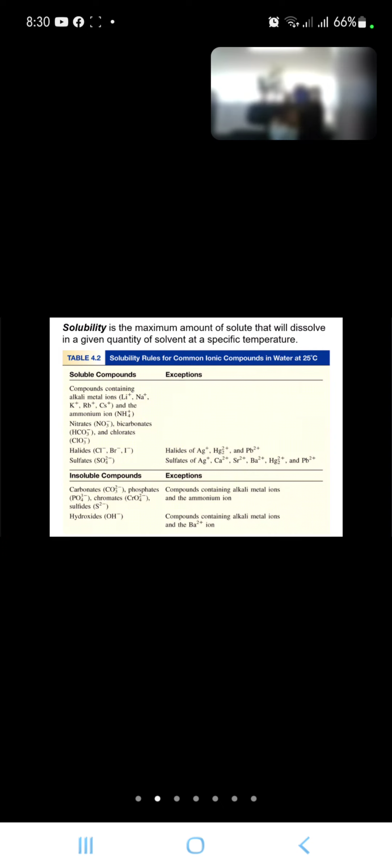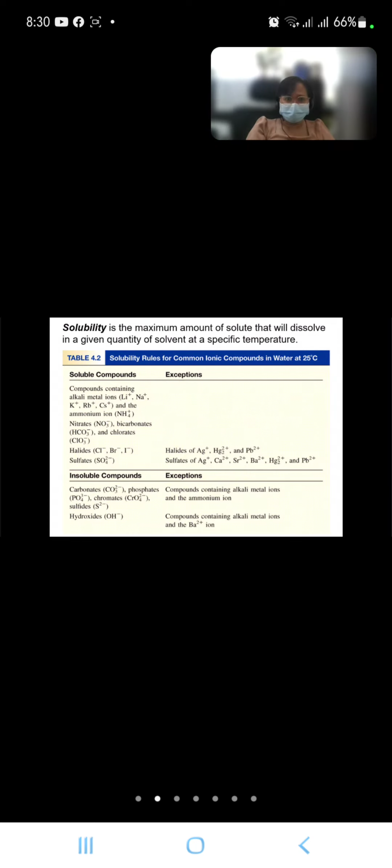So it has something to do with the solubility of that substance. So solubility is the maximum amount of solute that will dissolve in a given quantity of solvent at a specific temperature. So there are solubility rules for common ionic compounds in water at 25 degrees Celsius. So what are these soluble compounds?